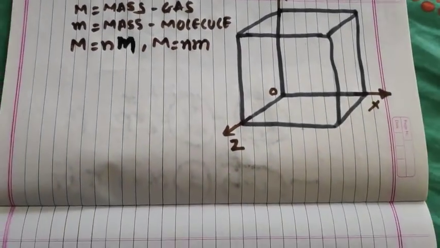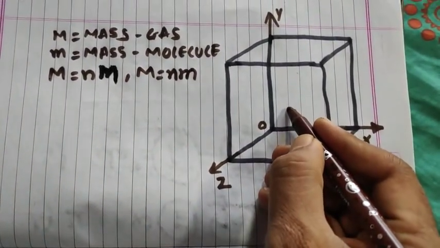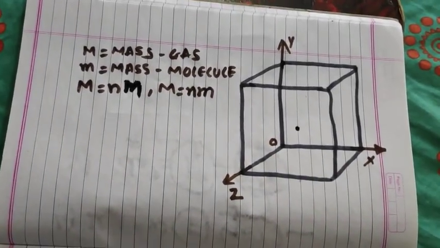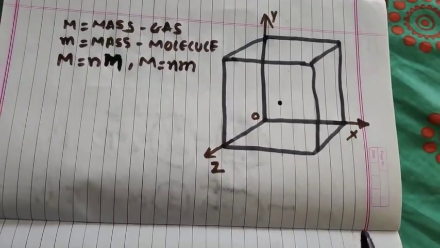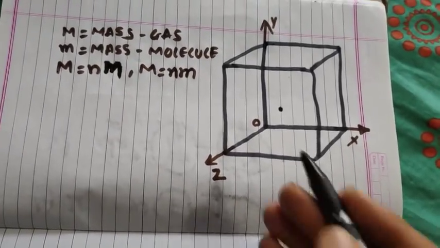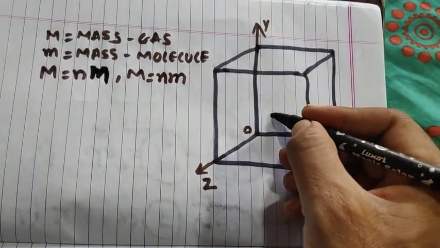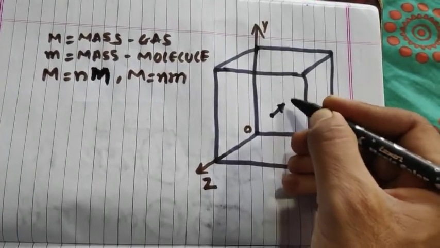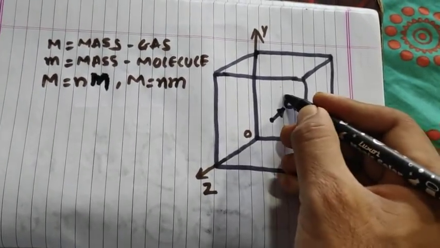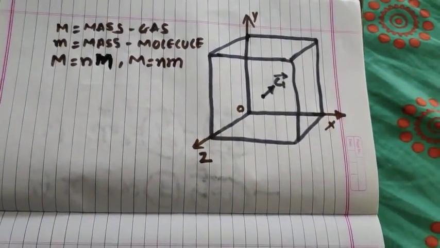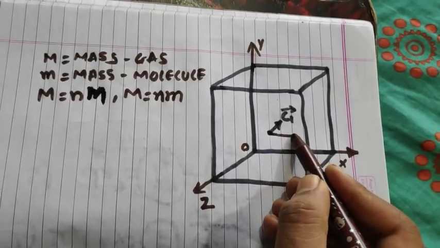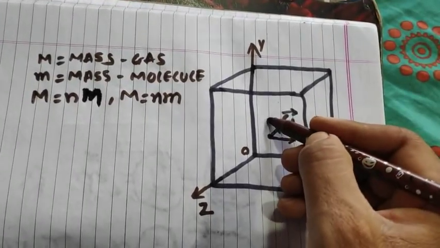Now children, let's have one single gas molecule. Now this gas molecule is having random motion. So if you see its velocity, let it be here somewhere. Let its velocity be c1 bar. This is RMS velocity, which can be resolved into how many components?